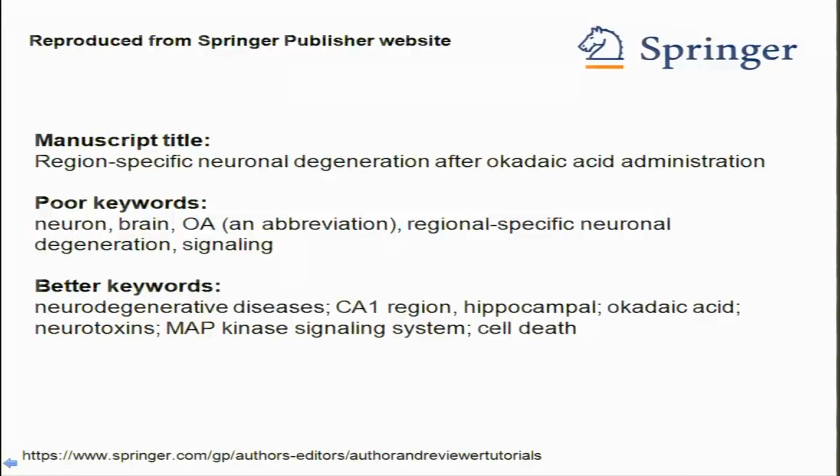Then you call hippocampal, because this is a region in the brain, and neurotoxin and signaling system, because these are all what is called phosphorylation dependent signaling that happens in the neuron. Okadaic acid is a kind of inhibitor that can inhibit some of these signaling events and cell death and so on.